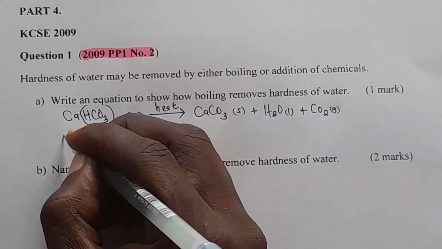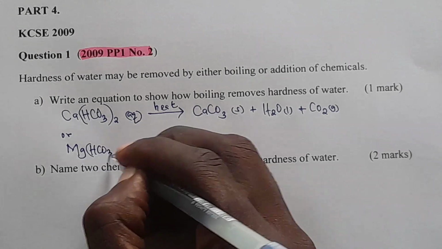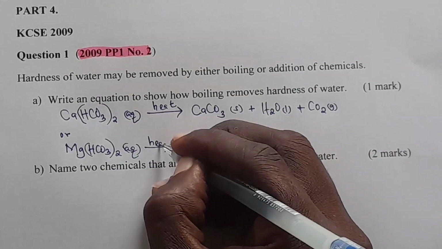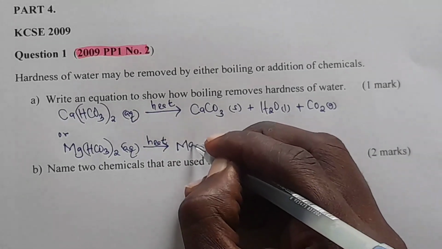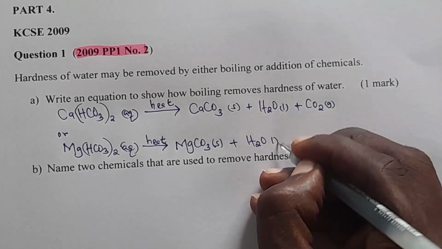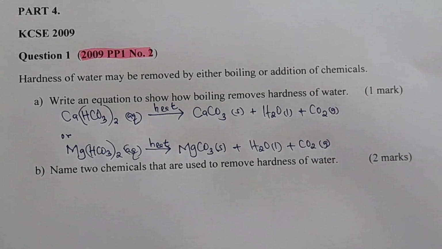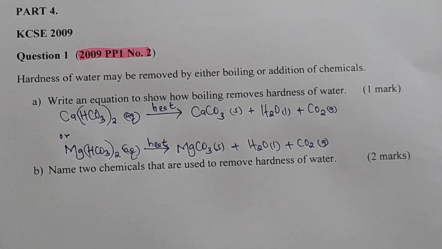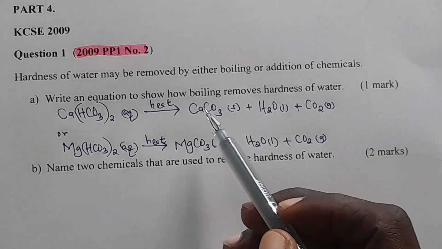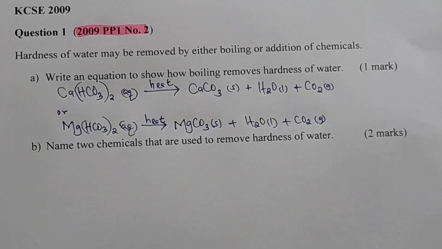Or, if the water contains magnesium hydrogen carbonate, heating it gives magnesium carbonate, a precipitate, plus water, liquid, plus carbon dioxide, a gas. Remember in form 2, we said all carbonates are insoluble except group 1 carbonates and ammonium carbonate. So calcium carbonate or magnesium carbonate is an insoluble carbonate, so it's a precipitate.